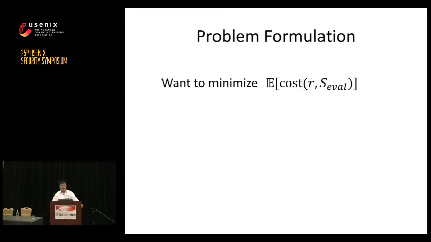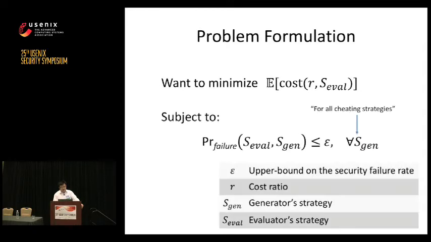I've just given the high-level idea of our work. Now I'm going to give you some more technical details. Our high-level goal is to minimize the expected cost of the overall protocol execution subject to the protocol security constraint. For example, the probability of security failure should be less than epsilon, no matter what kind of strategy the generator plays.